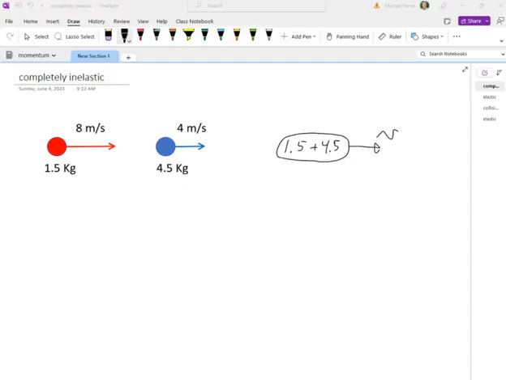Now, here are some examples of elastic and inelastic collisions and the kind of calculations that you would do. Let's have a look at a completely inelastic collision, and we'll use a one-dimensional example with the masses and velocities we saw earlier when we did a center of mass calculation.